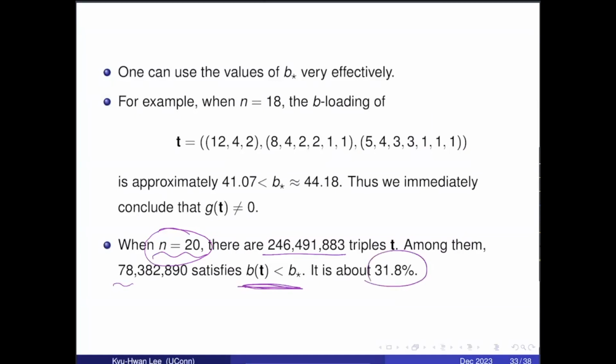So it is about 32%. So you can determine the Kronecker coefficient being non-zero for about 32% of the triples. So this is quite effective.